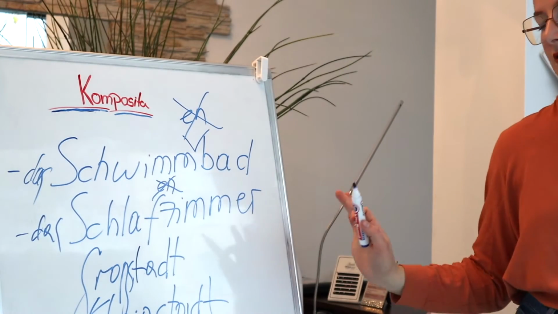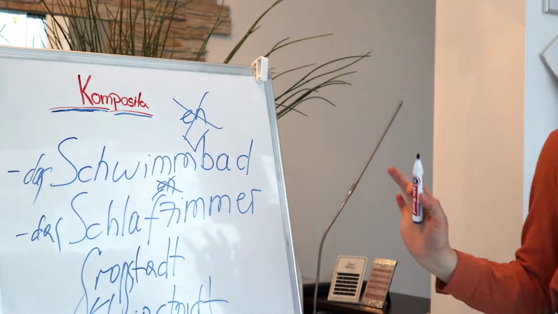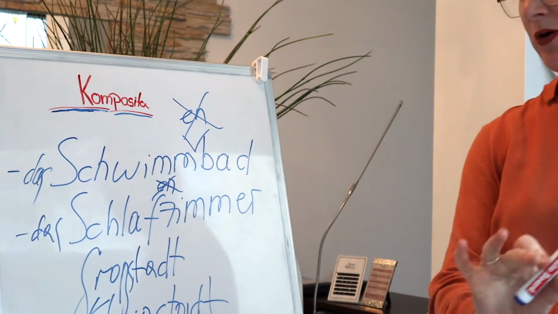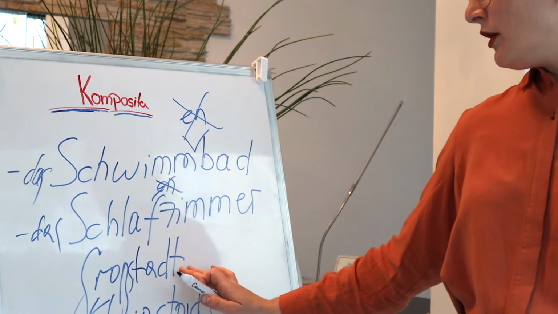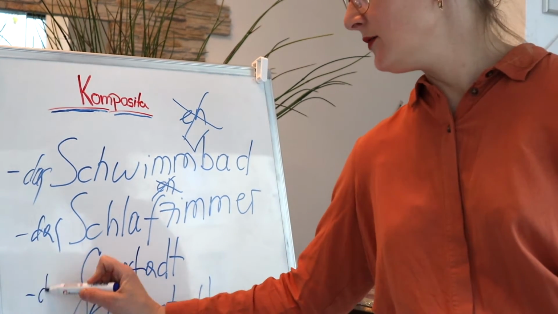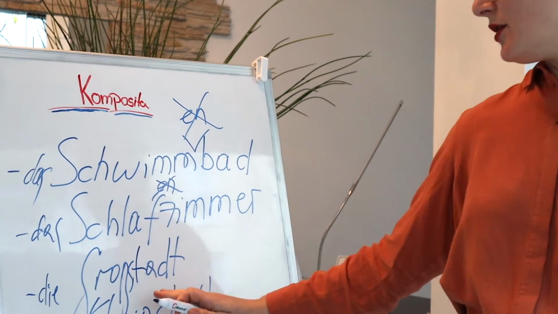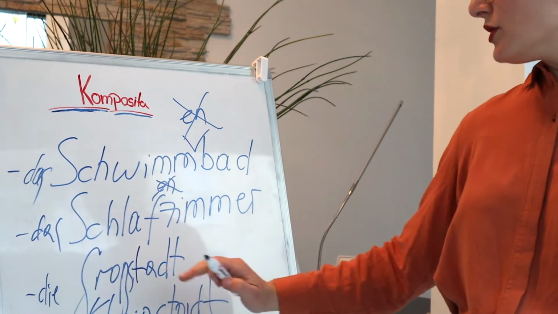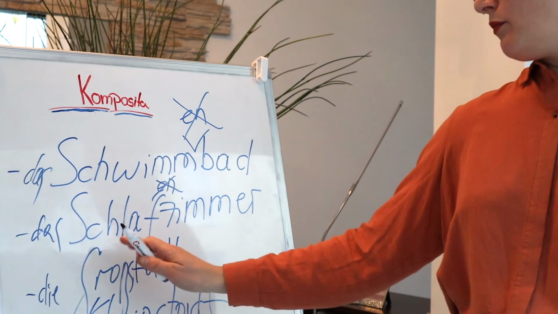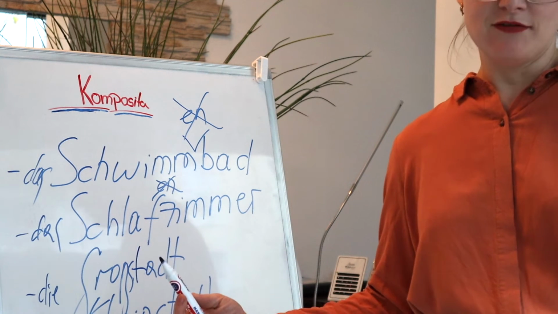Two examples that German compounds can consist of an adjective and a noun are, for example, the word Großstadt. So you've got the article die here because die Stadt, so it's a city or a big town, right? Großstadt. And groß is an adjective, right?